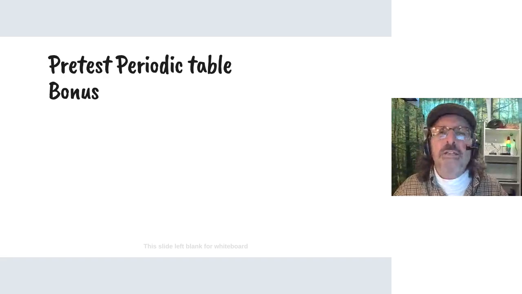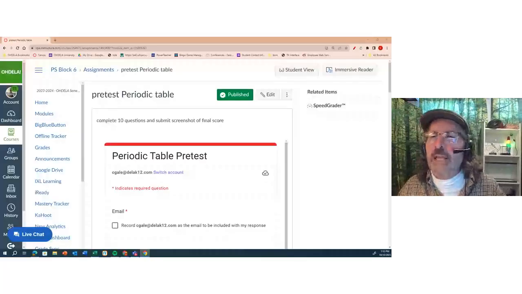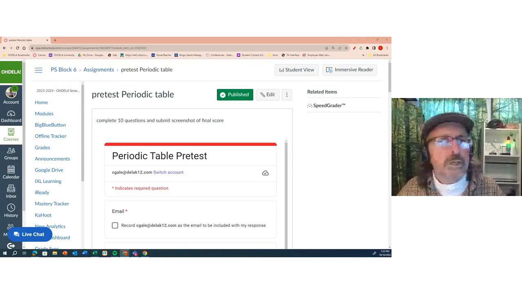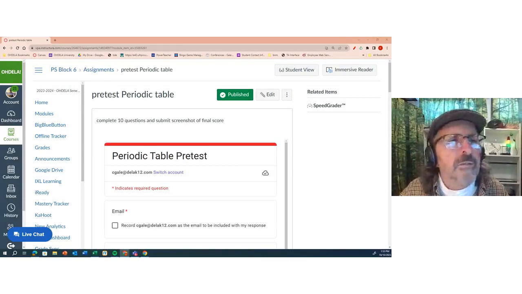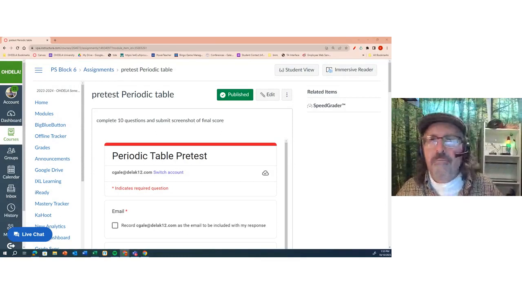For the pretest, everybody should know how to take a screenshot of the assignment score. Remember, the score does not matter. If you can get in there, the score does not matter.